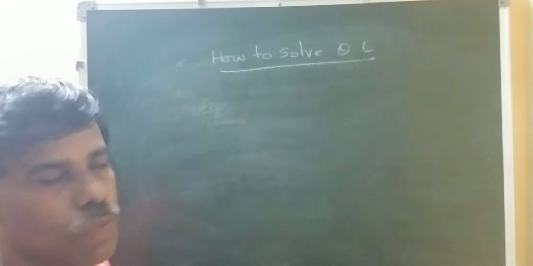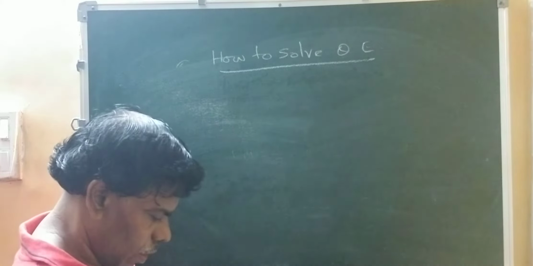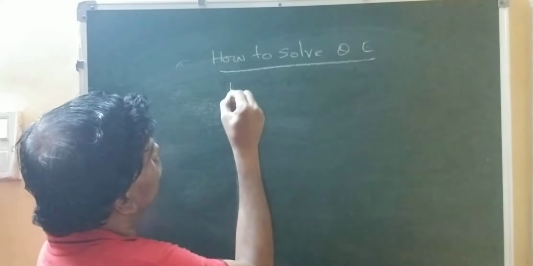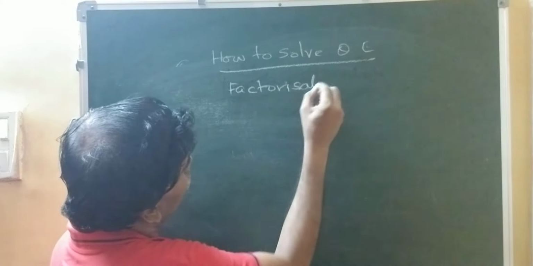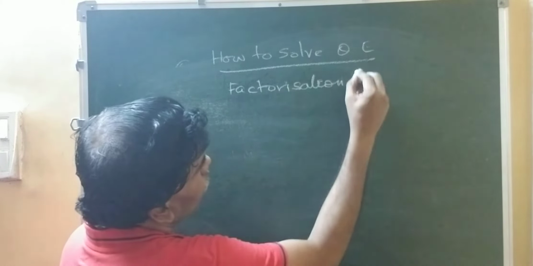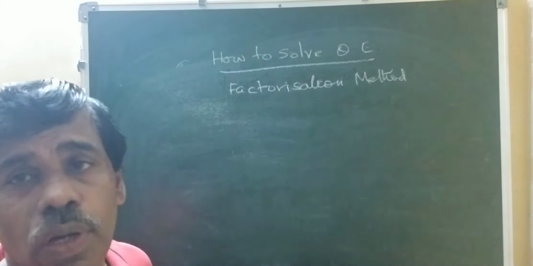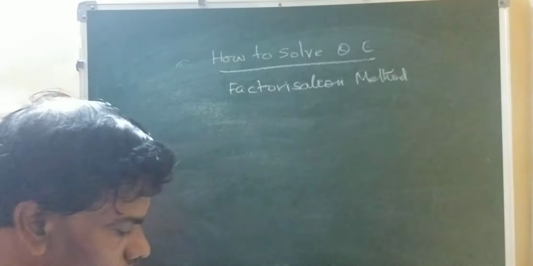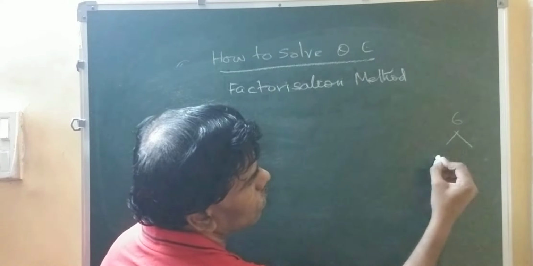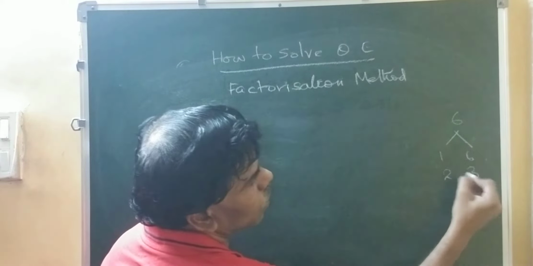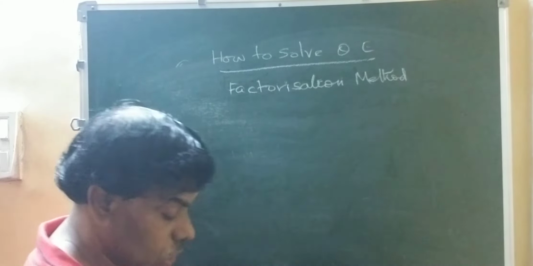The first method which we are going to see is the factorization method. You know the factors of 6: 1 and 6, 2 and 3. Like that we will make factors.